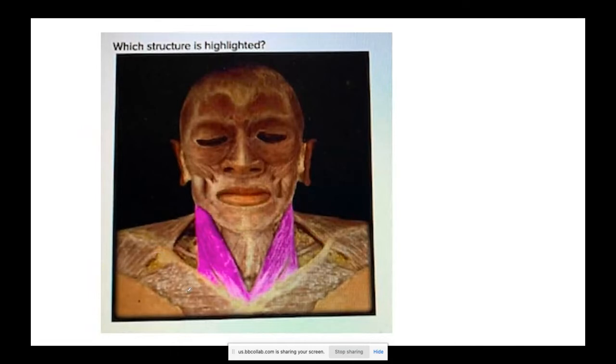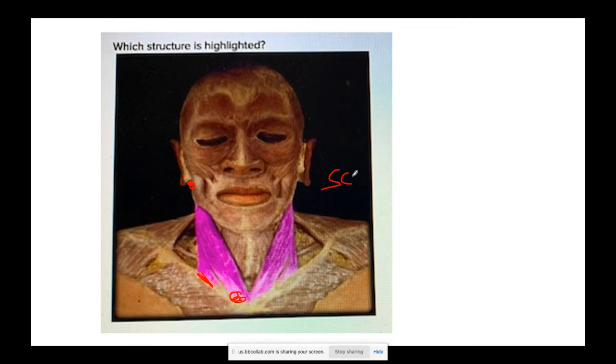So now here, we're looking at the person from the front, and here is a muscle that is going from the, looks like sternum, clavicle, and it's going behind the ear, which is where the mastoid process is.